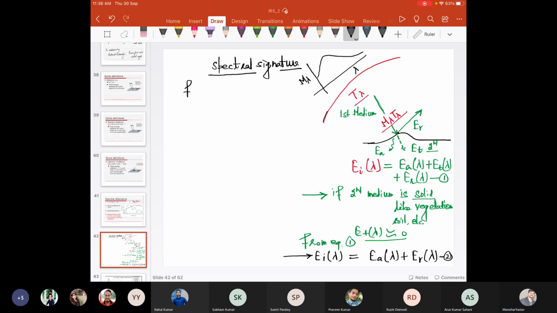Now from equation second, divide it. See, I'm writing in very detail so that you can also write it in a note. This is the absorbed component divided by, this is the reflected.